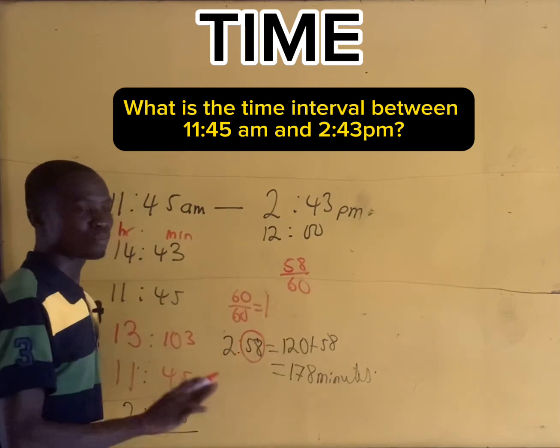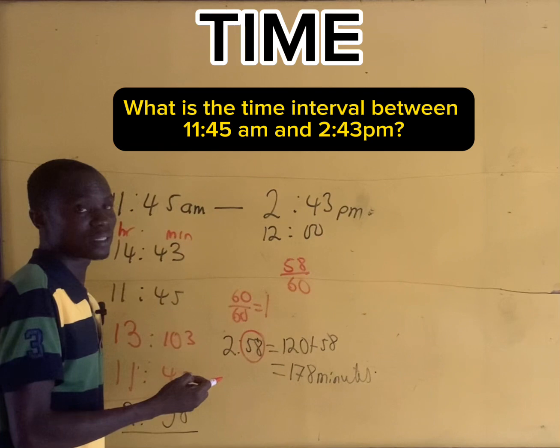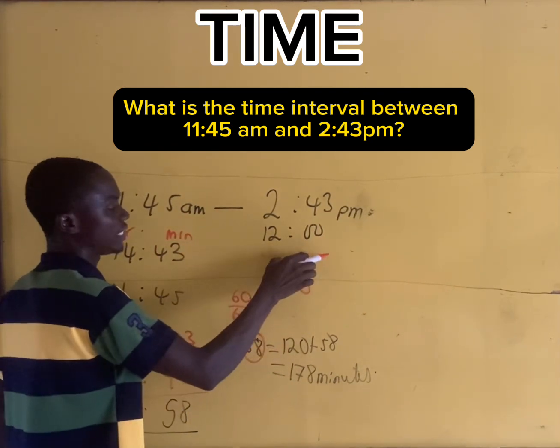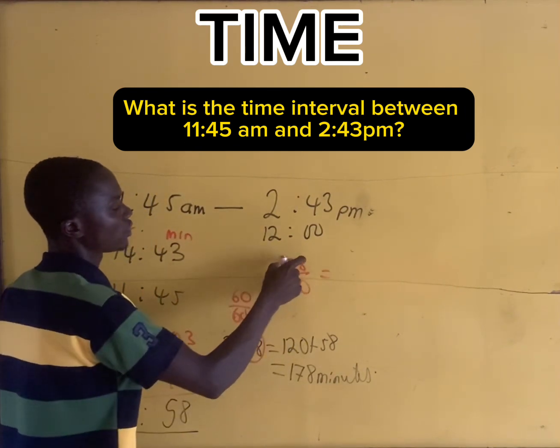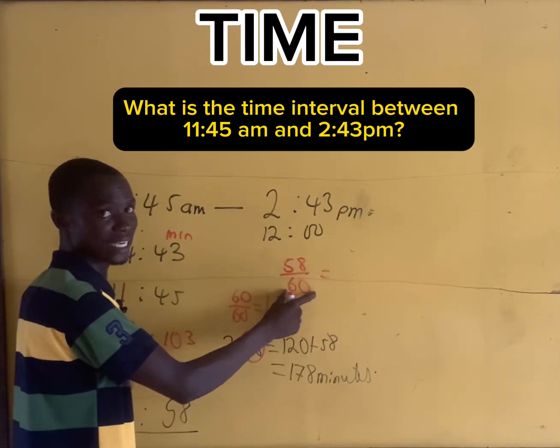In a nutshell, if you want to change minutes to hours, just divide your minutes by 60. So I'll divide my minutes by 60, which will give me 29 out of 30. 2 divides here, 29, 2 divides here, 30.